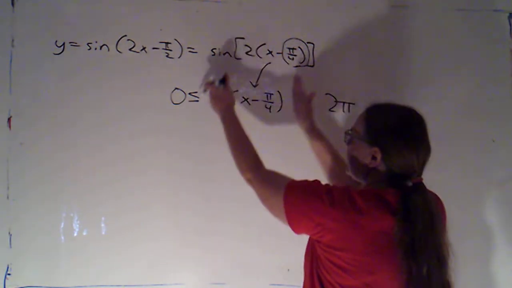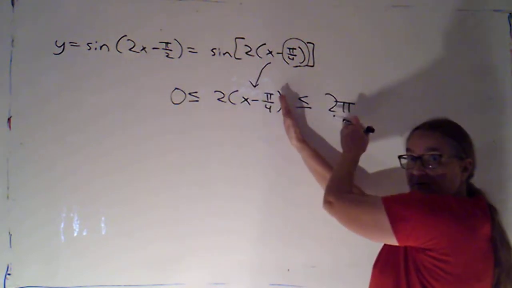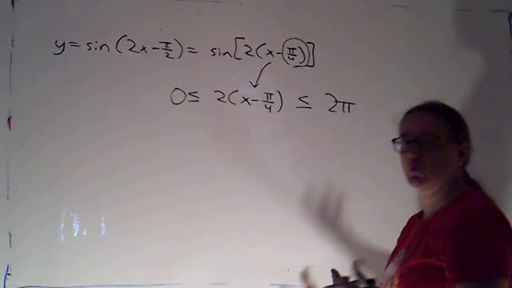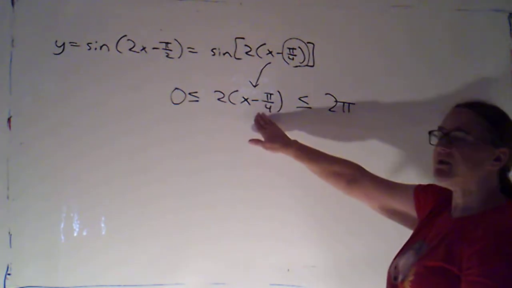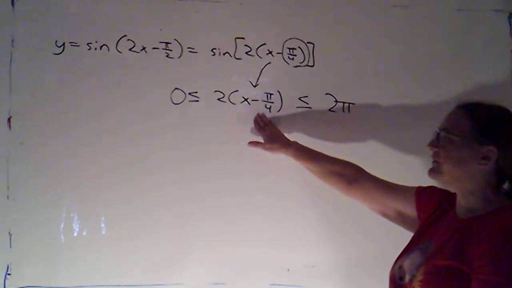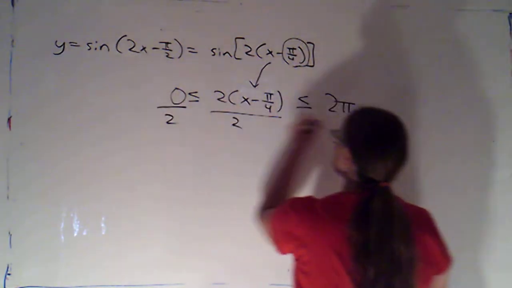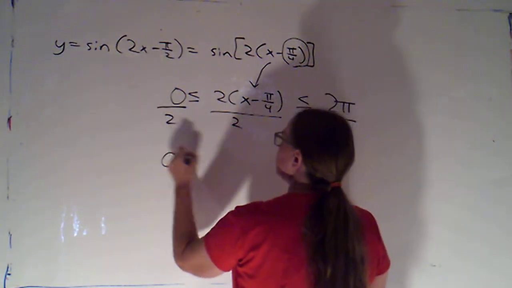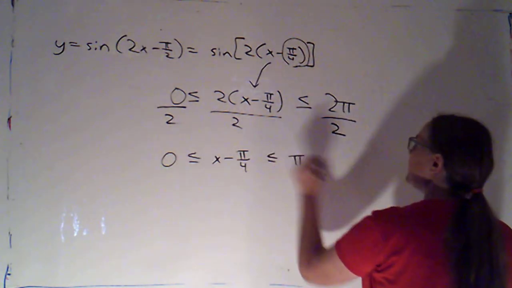Whatever my input is, put that in between the starting and ending point for my usual period that I choose to draw of the sine graph. And now I'm just going to take this inequality and solve it for x. So the first thing I would do is divide both sides by 2.